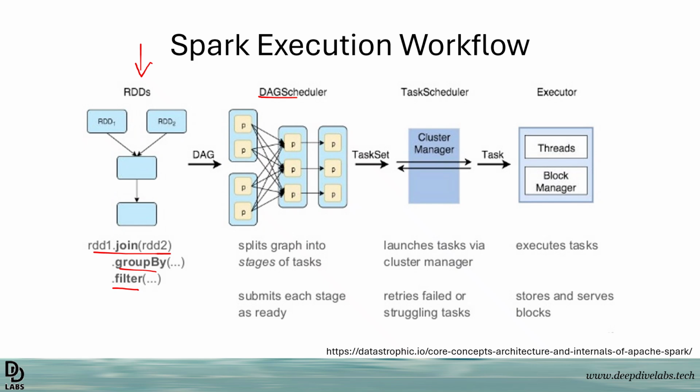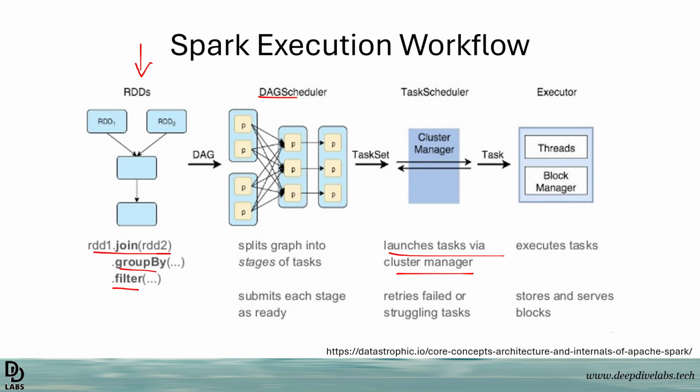So once the DAG is created, the task set is created, right? Then the driver program essentially works out how the resources need to be used. It launches tasks via the cluster manager. For any kind of retries or straggling tasks, it knows what's happening.